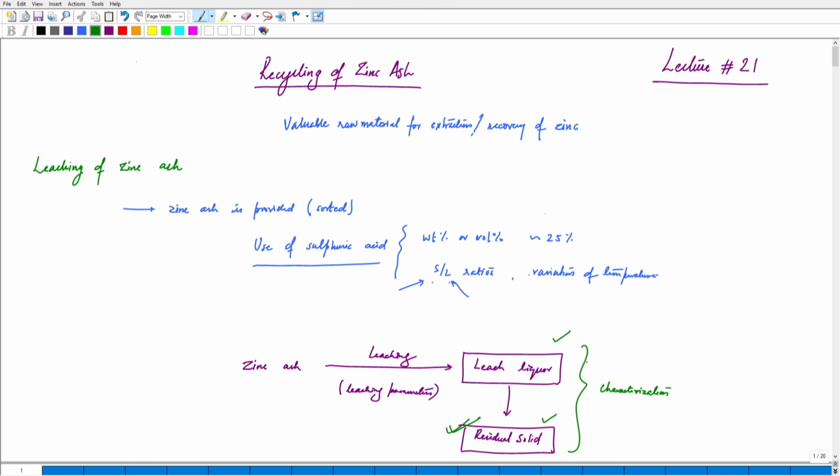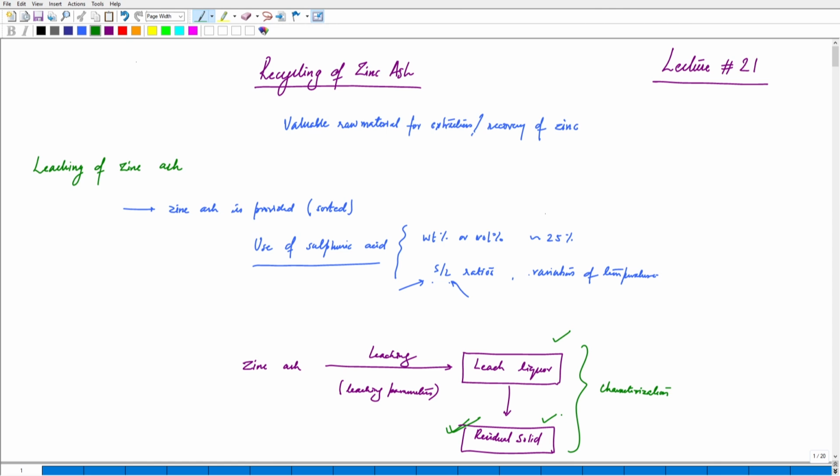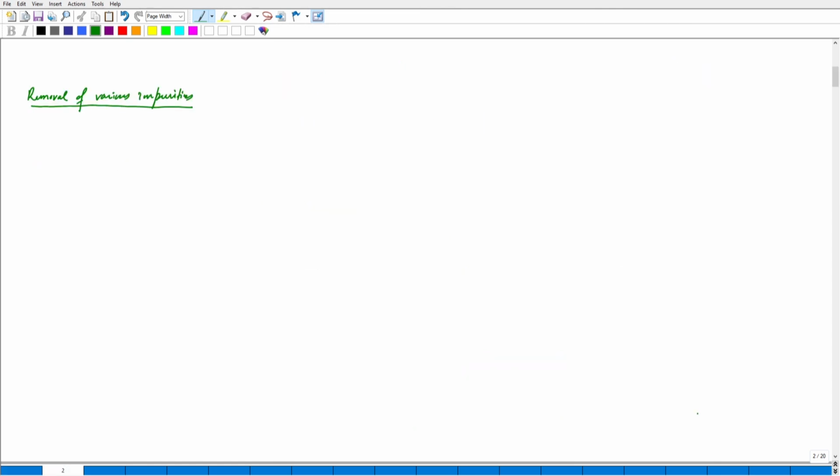And the residual solid will have different phases present in it. These can contain some impurities or the materials that could not be leached at the initial hydrometallurgical stage of leaching. And of course this separation is happening only after the filtration. So after that we have the removal of various impurities from the leach liquor.